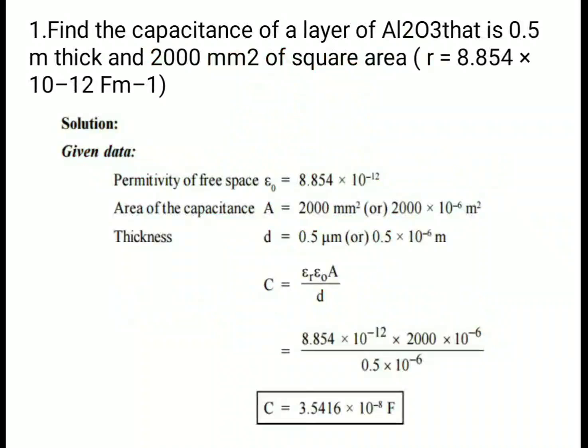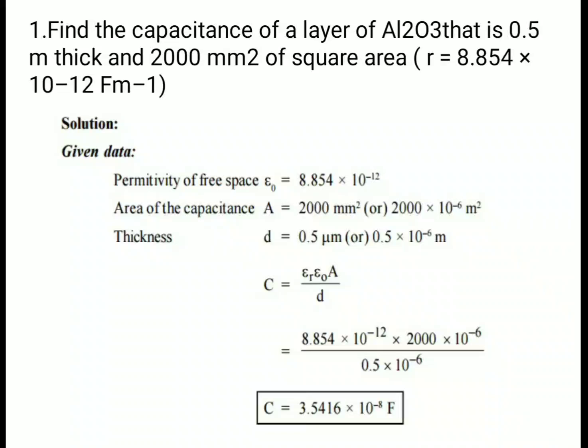Now substitute these values in the formula C is equal to epsilon naught epsilon r A by D. We get the value of capacitance of the layer.